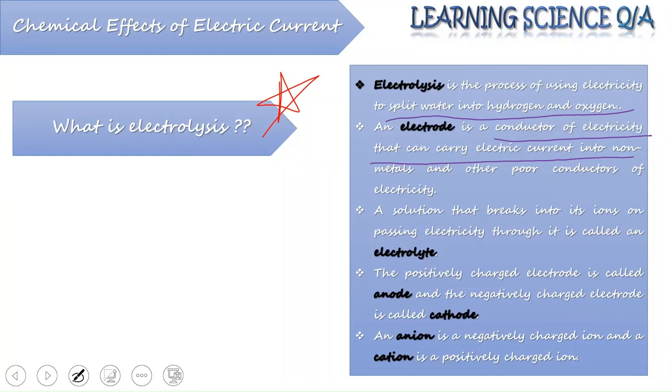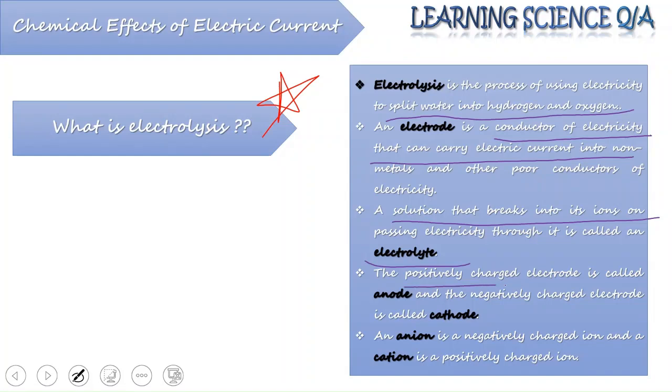right? Similarly, electrolysis or an electrolytic cell will always have an electrolyte. Electrolyte will be the solution that will break into its ions when the electric current is applied. The electrodes are specifically of two types.